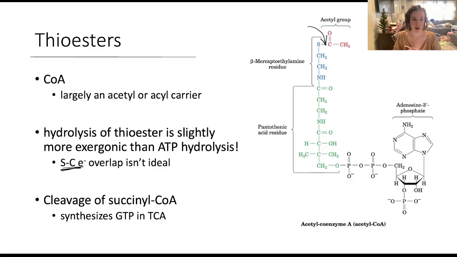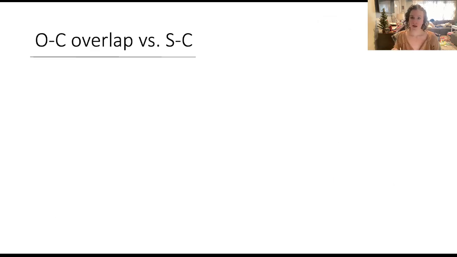We can imagine that cleavage of this bond releases a lot of energy, and oftentimes when we see that happen in biochemistry, it results in synthesis of other high energy molecules, such as we will see in the TCA cycle, synthesis of GTP, which is similar to ATP. Now let's try to visualize this for ourselves.